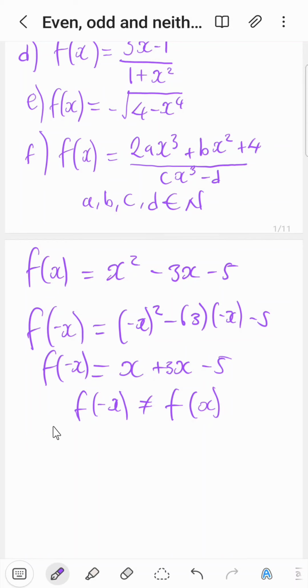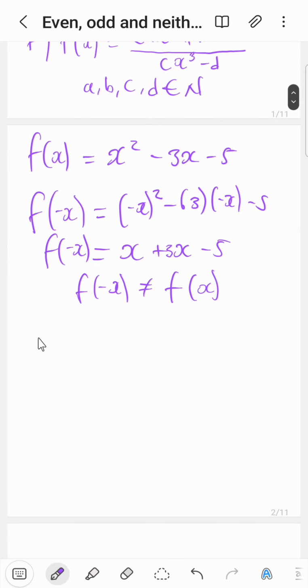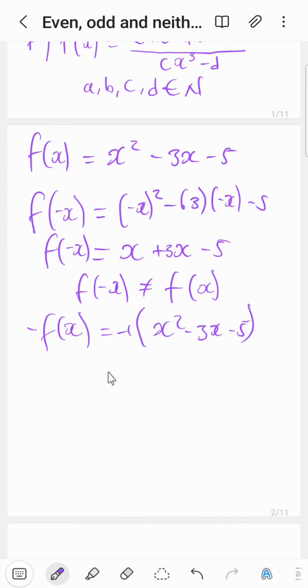We move on to finding if it is odd. Negative x squared plus 3x plus 5.